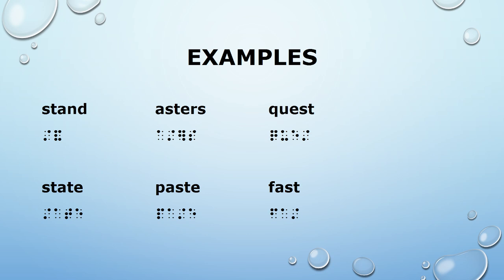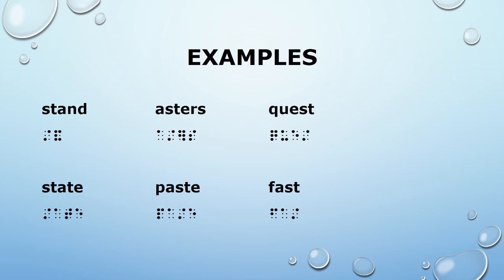Next, we have the word aster, or asters, spelled ASTERS. In this word, we can find the group sign for ST at the middle part of the word, so we can contract ST there. And since we already learned the contraction for ER, we can also use the contraction for ER.